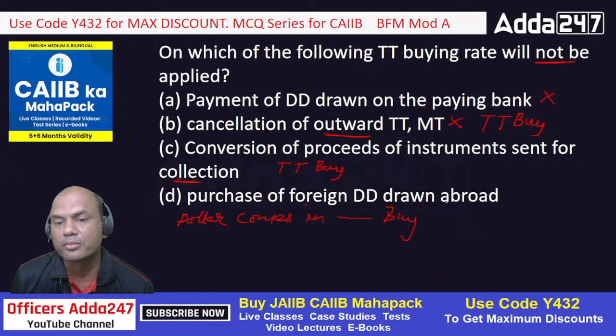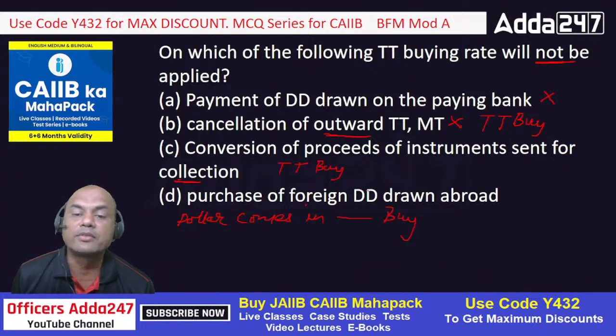When I'm paying the dollars, the TT selling rate will be applied. So in this case, surely the TT buying rate will not be applied. So the correct answer is D. Got it, everyone? Purchase of foreign DD drawn abroad, then the TT buying rate will not be applied.